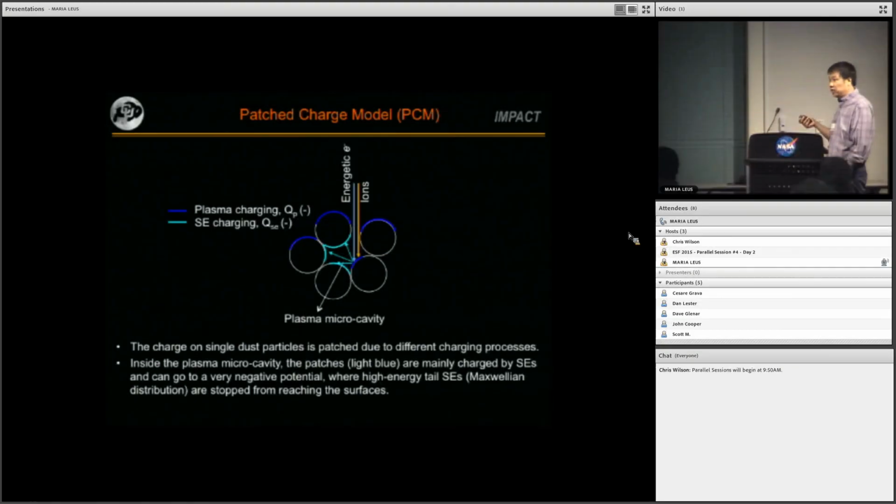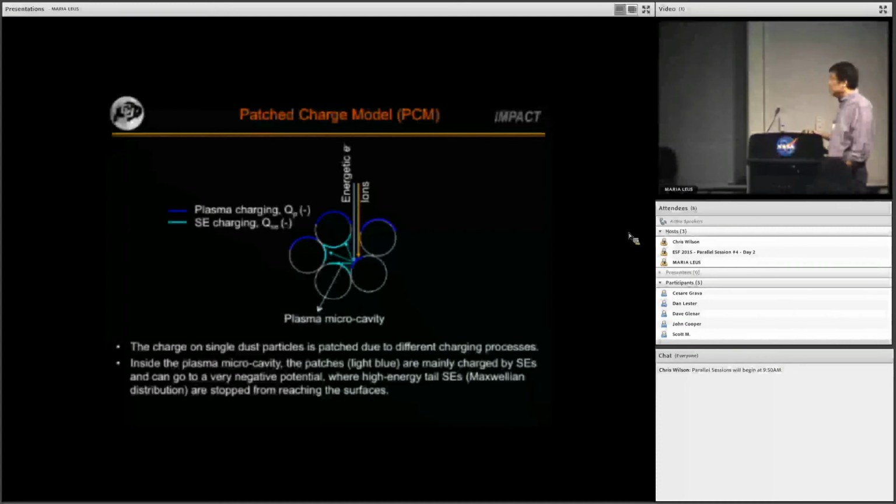So the plasma can't get in as a bulk. But the individual particles, for example, primary electrons carrying higher energy, and ions coming into the cavity hit the surface here and create secondaries. And these secondary electrons will be collected by the neighbor particles, this patch in light blue. So this light blue patch basically only collects secondary electrons.